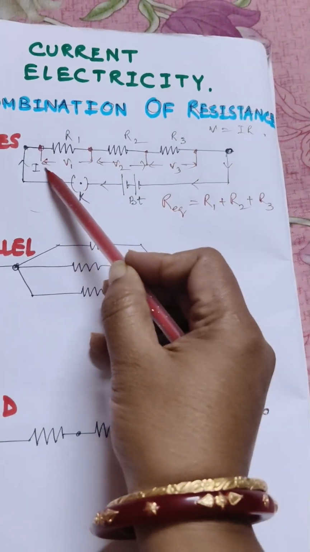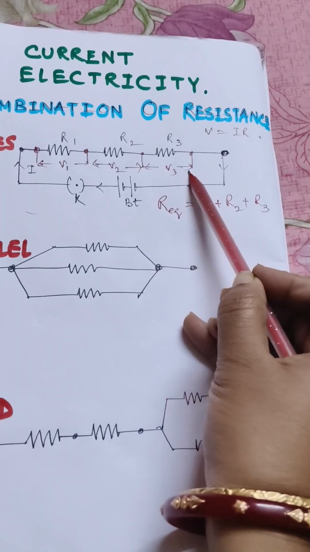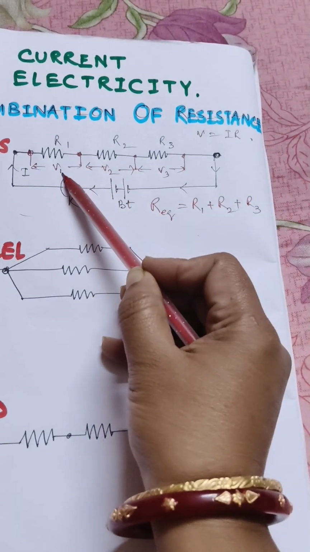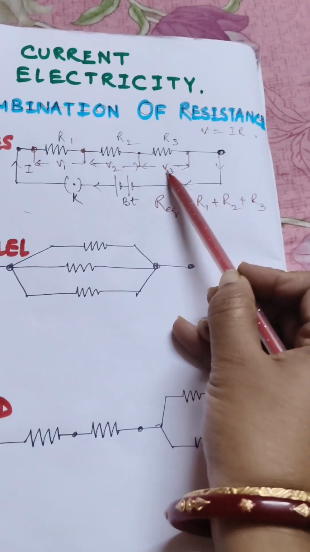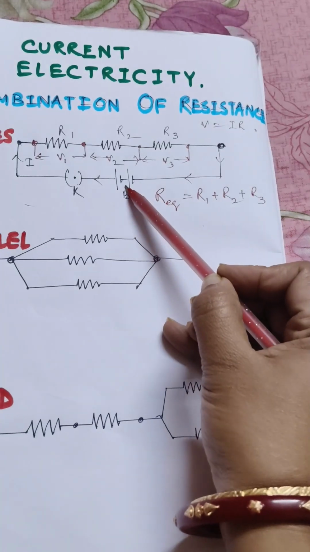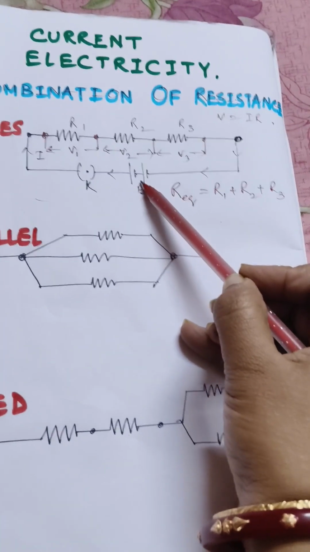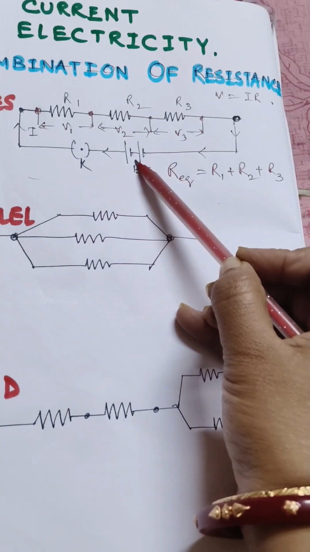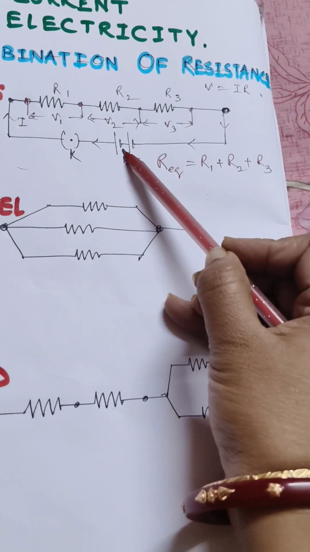So there is a division of voltage. Where do V1, V2, V3 come from? They come from the supply voltage, that is the EMF of the cell.